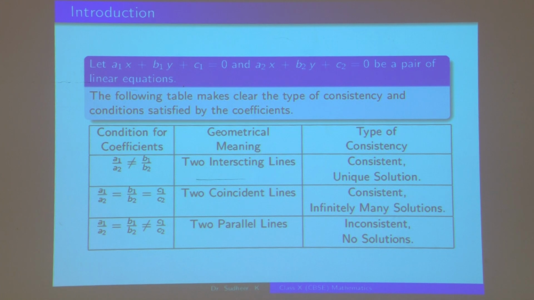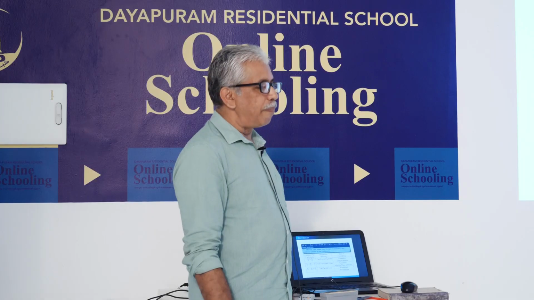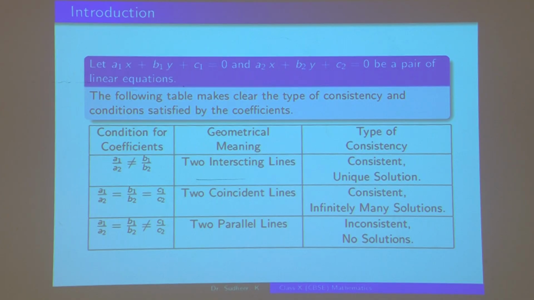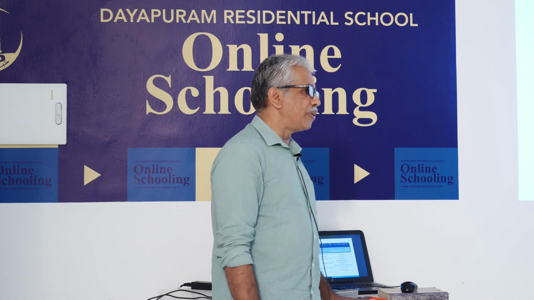So it is explained in the table. So look at the table. If the coefficients satisfy the condition a1 by a2 not equal to b1 by b2, then the two lines are intersecting, and in that case you get the pair to be consistent and has got a unique solution.